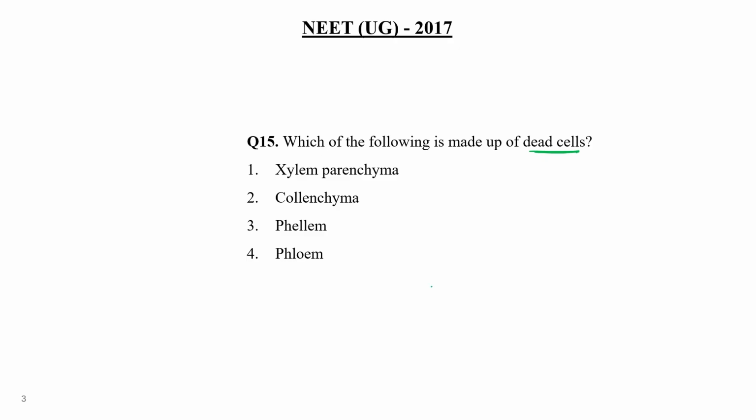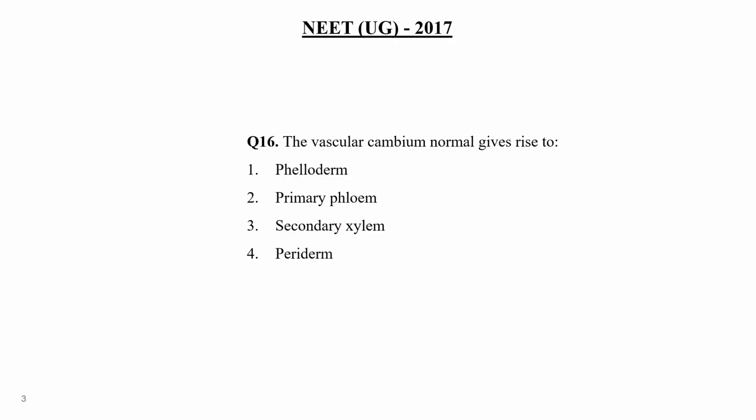Xylem parenchyma dead or living? Obviously, these are parenchymatous cells, living. Collenchymatous, also living. Phloem, also these are having nucleus, right? So living cells, right? So xylem is made up of dead cells. Choice number 3 would be the correct answer.